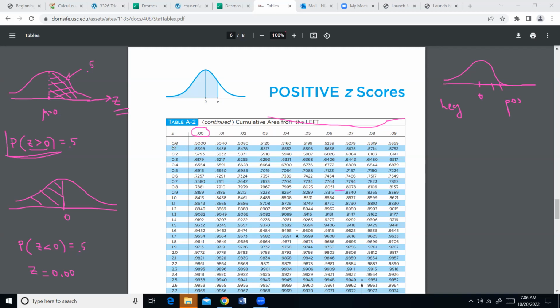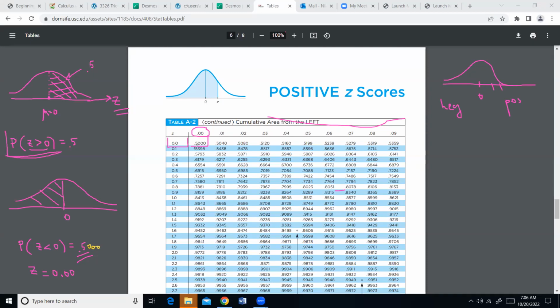And the way to use it is to get tenths on the first row, 0.0 for the first row, and hundredths from the second. And where they meet each other, you will get your probability. So we just saw that the probability was 0.5, and that's exactly what is given by the table. It's not 0.5, it's like 5000.